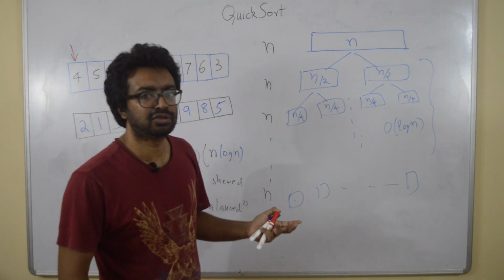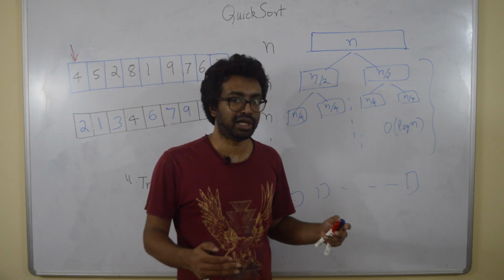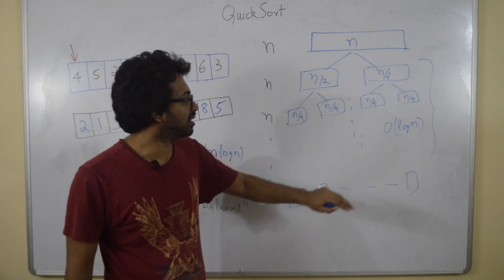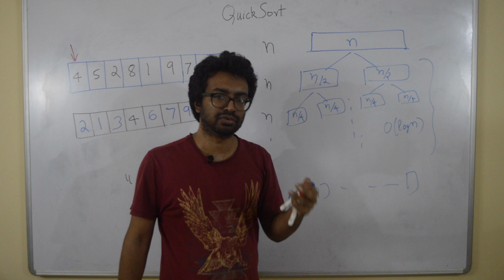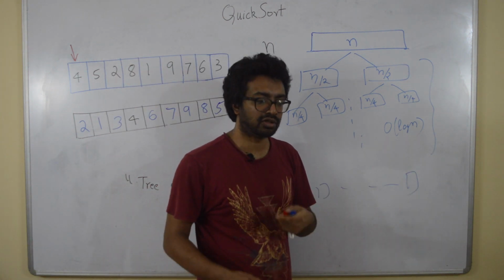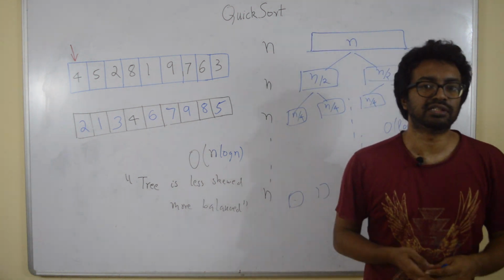For us a balanced tree is of the same height everywhere, but an almost balanced tree means the height is order log n. So most trees are going to be almost balanced, with height order log n.